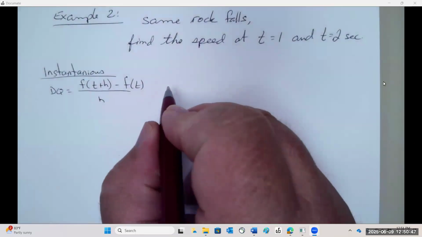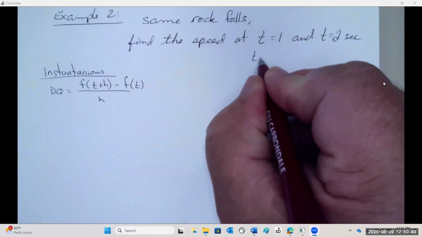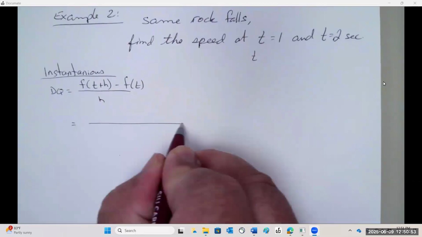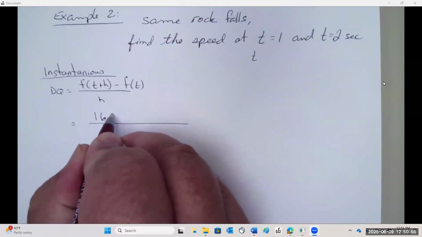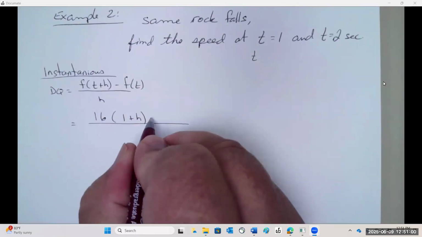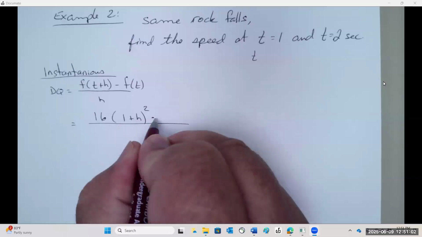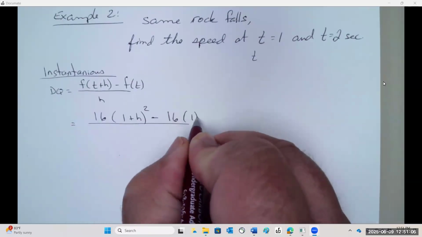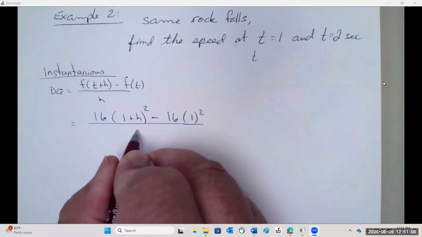In our case, this is t, so we have 16 times (1 plus h) squared minus 16 times 1 squared, over h.